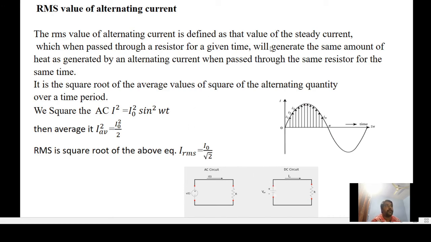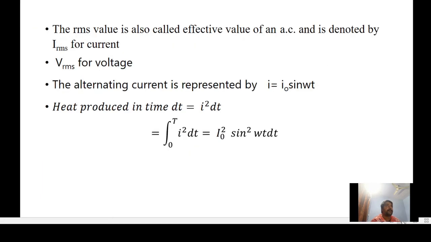Or it is also defined as the value of steady current which, when passed through a resistor in a given time, will generate the same amount of heat as that generated by alternating current when passed through the same resistor for the same time. The RMS value is also called the effective value of an AC and is denoted by I RMS for current, V RMS for voltage.